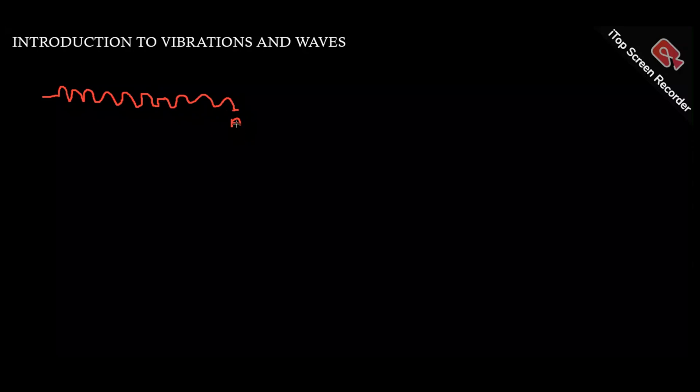That is, at this point, there is elastic potential energy, there is gravitational potential energy, there is also kinetic energy. We are going to call this the initial, the starting point.